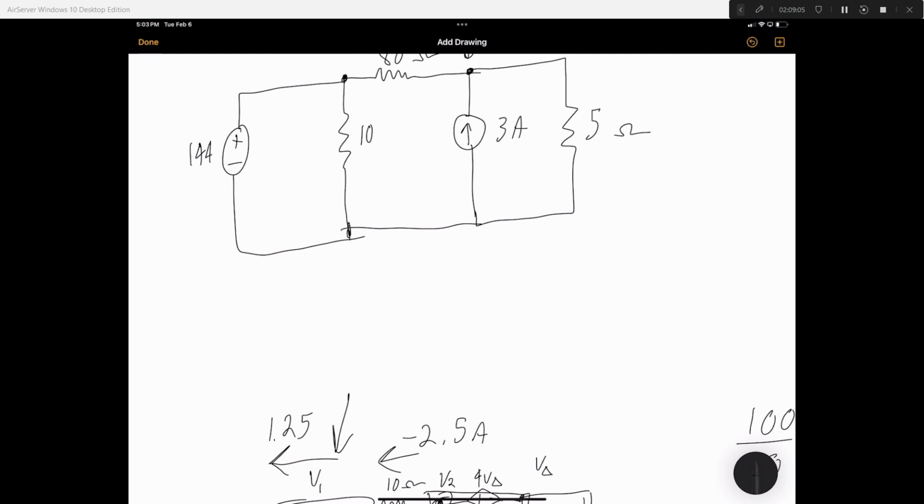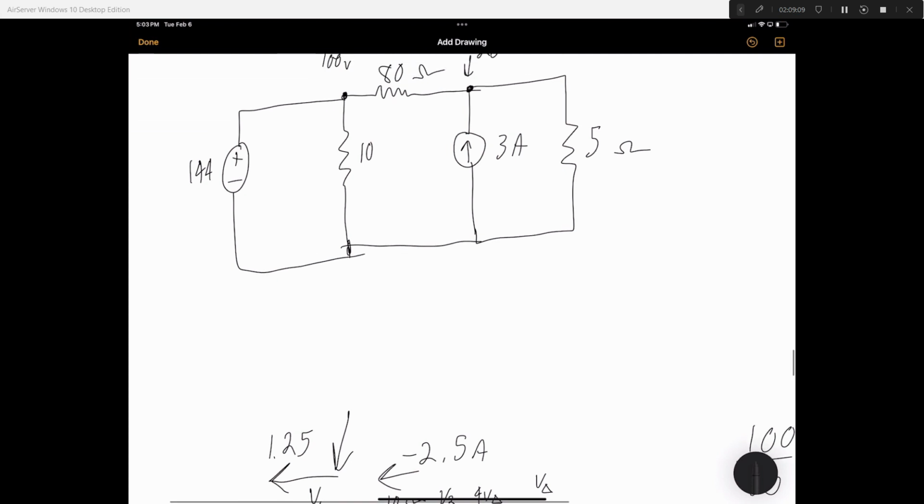The question asks, what is the power supplied by the current source? 3 amps. It has to be negative 60. If it's not, it's definitely not. It has nothing to do with the 20 volts being multiplied by the voltage times current.